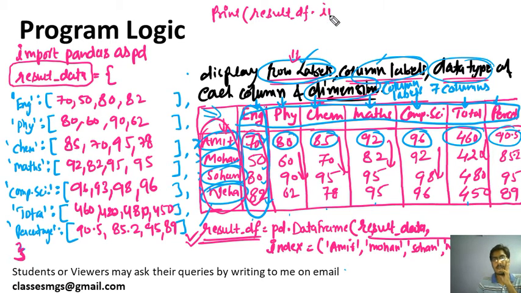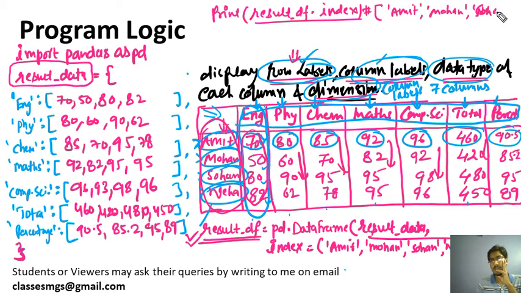To print the row labels, you write the index attribute. If you write this line, it will print the list, like Amit, Mohan, Sohan and Neha. Do not consider this as code, this is the result.